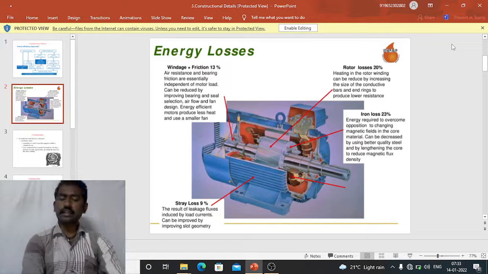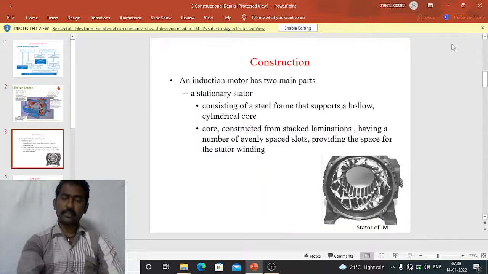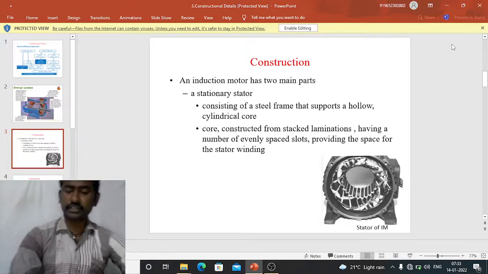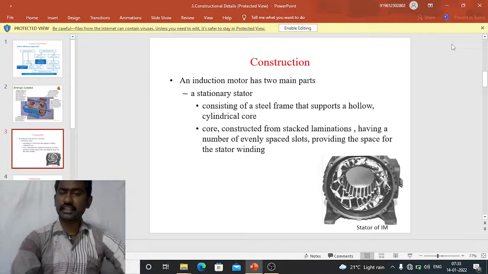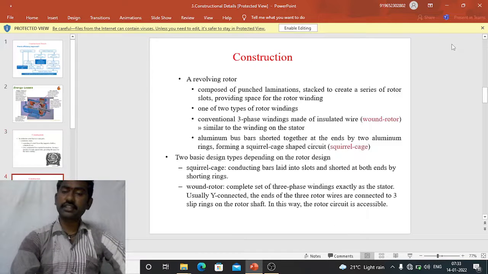And stray losses are 9%, the result of the leakage fluxes induced by load currents, which can be reduced by improving the slot geometry. In construction, the windings are divided into 120 degree phase displacements, and the stator consists of a steel frame that supports a hollow cylindrical core constructed from stacked laminations and having a number of evenly spaced slots providing the space for the stator winding.